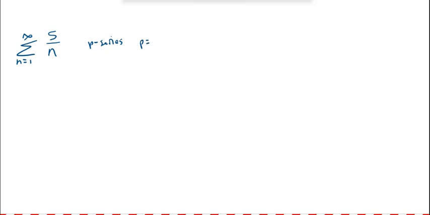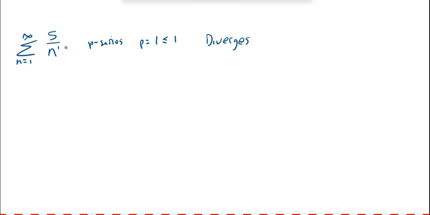And your p-value in this case is equal to what? It's equal to 1. That's because it is n to the first power right here. And that is less than or equal to 1. So, therefore, it diverges. Anytime we have a p-series with a p-value less than or equal to 1, it diverges. If this was n squared, it would be bigger than 1, and then it would converge.